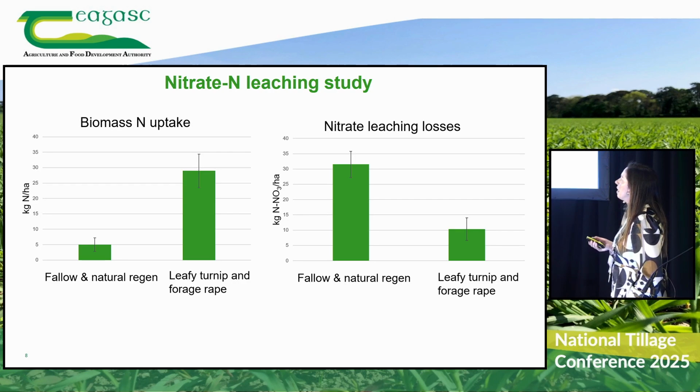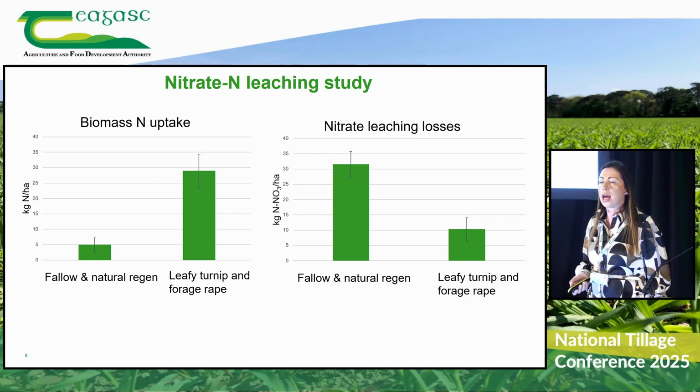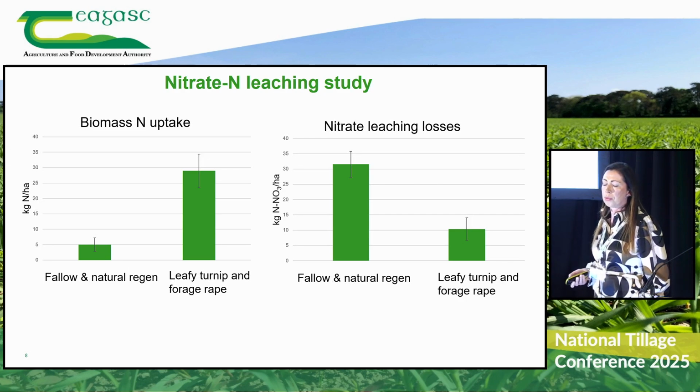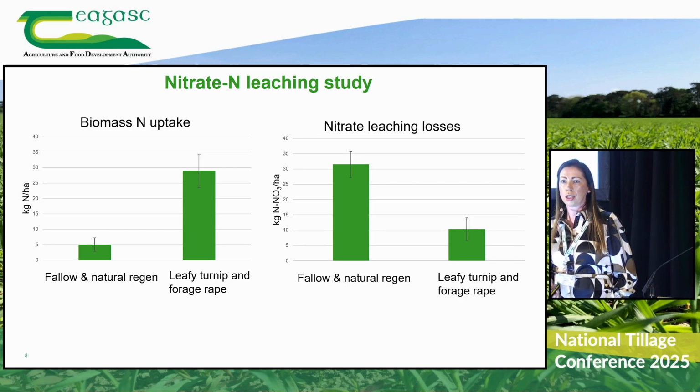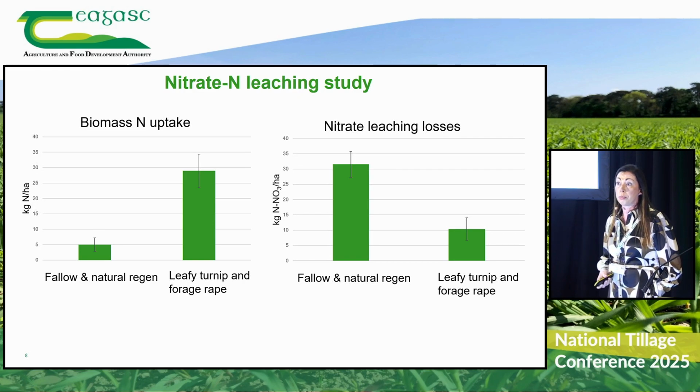So a significant increase in crop nitrogen uptake from the sown cover crop compared to the control. And we had a significant reduction in nitrate leaching from the sown cover crop compared to the control in that lysimeter study, which looks at drainage water up to 1 metre.